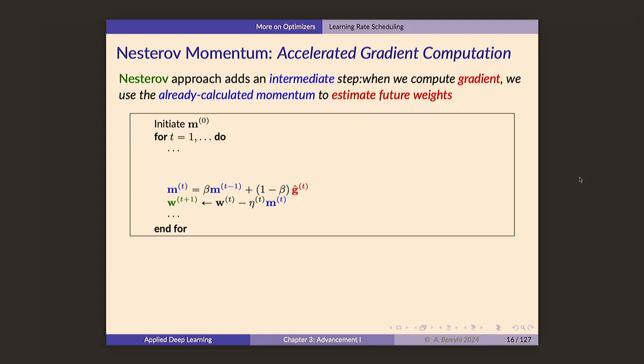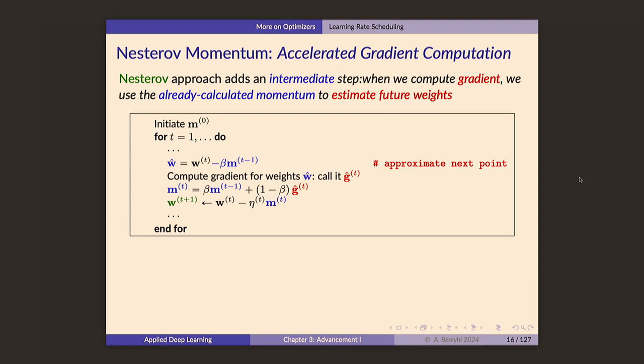Now, the Nesterov approach suggests that before we compute the gradient, maybe we can move in the direction that is already suggested by the previous momentum. Why? Because what I do know is that my next weight, w at time t plus 1, is going to be w at time t minus eta times my momentum.